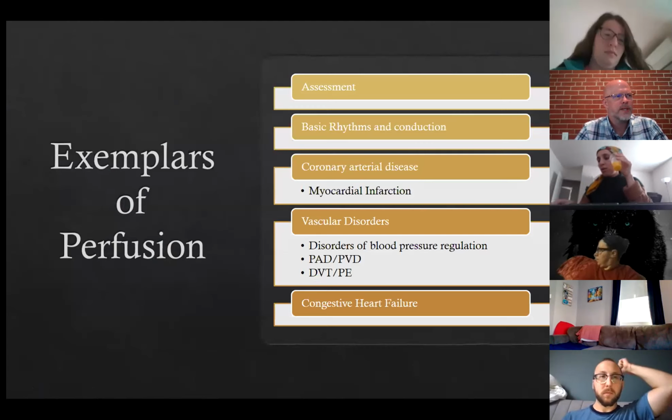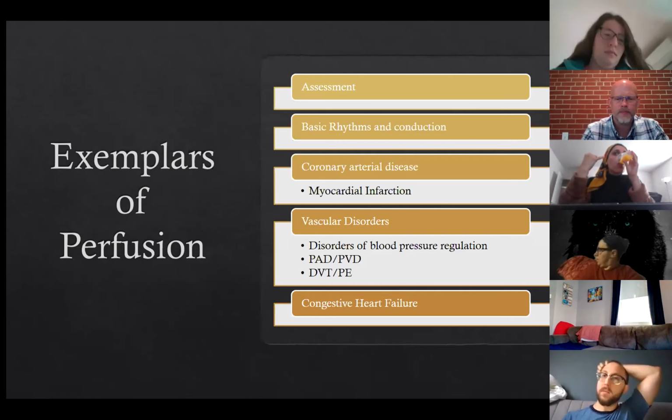We'll cover CAD and MIs, vascular disorders, such as hypertension. We'll touch on PAD versus PVD and also DVT and PE, and then we'll wrap up with CHF, all of which you should have had in pathopharmacology, right? So some of this should be a review, but we're going to focus more on the nursing care over the next 2 weeks than we will the actual disease process.